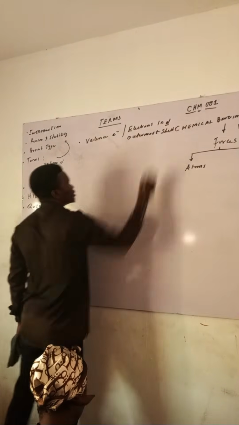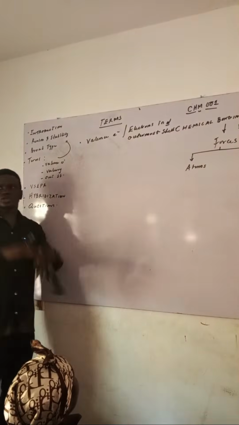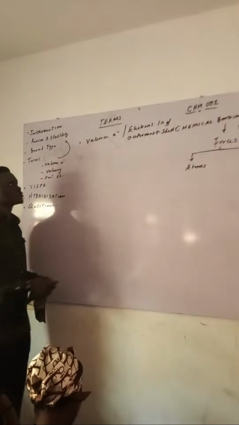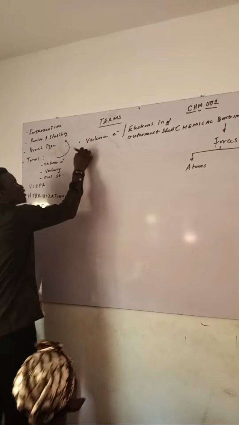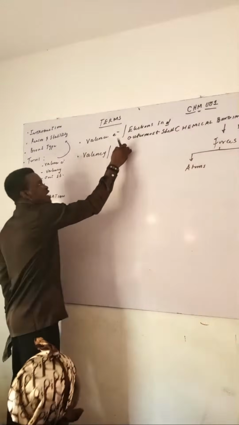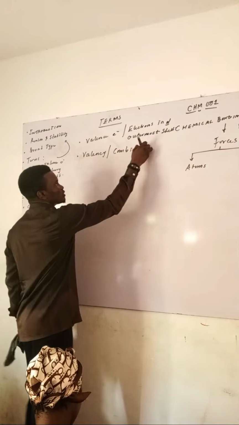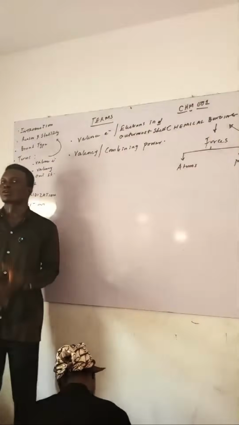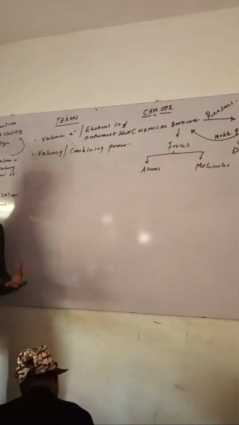I hope you are following. So the total number of electrons in the outermost shell is what we call what? Valence electron. Then, what do we call valency? Valency is defined as the combining power of an element.